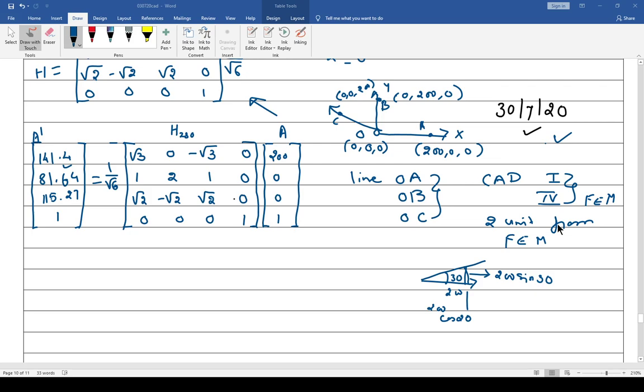Okay, so my A matrix will be equal to, so it will be 0 comma 0 comma 0 comma 1. Okay, in this way I need to just do the modification.